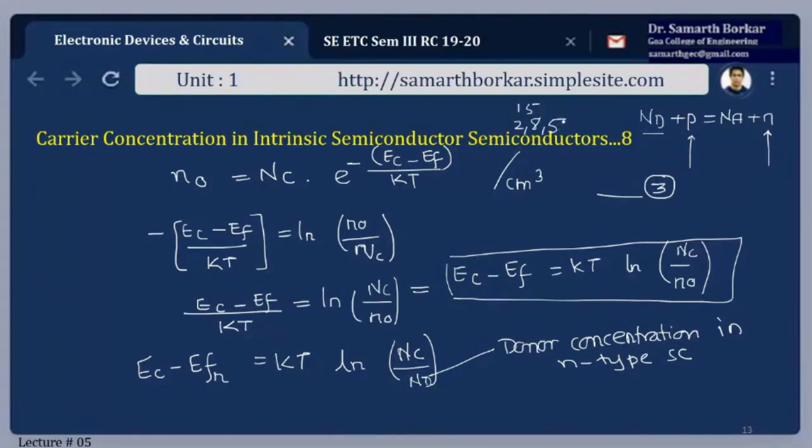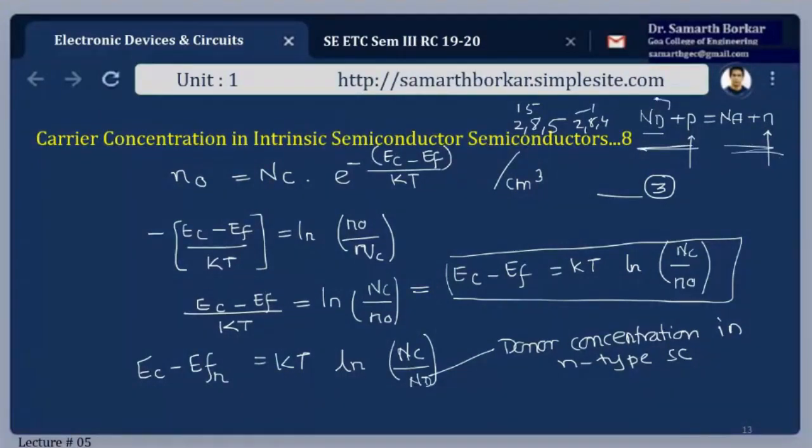It gives away one electron, so 2, 8, 4, 14. So there are only 14 electrons and 15 protons, so it is marked as a positive ion. NA is the acceptor. Boron has 3 electrons in the outermost orbit, so there is a vacancy. It will accept one electron, so the net negative charge will be more. So finally neutrality has to be maintained: ND plus p, the net positive charge, equals the net negative charge.